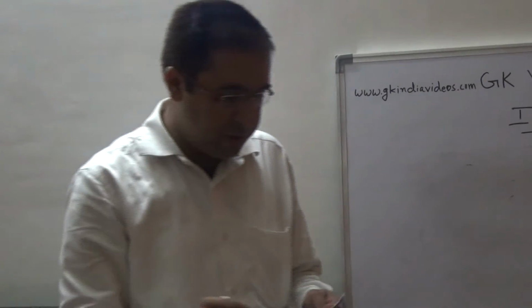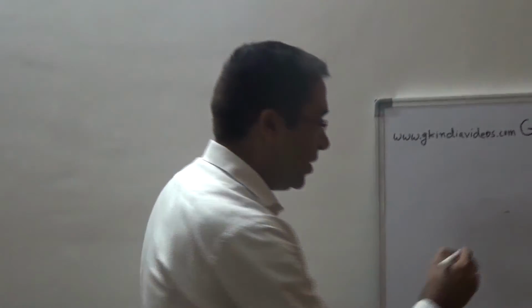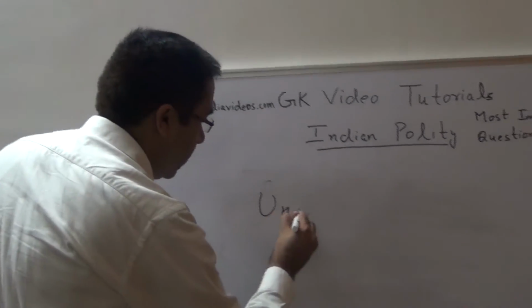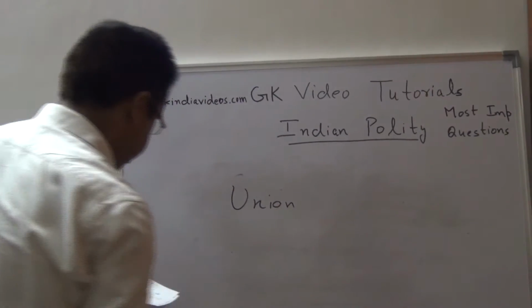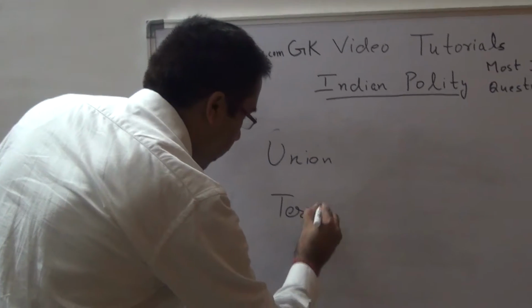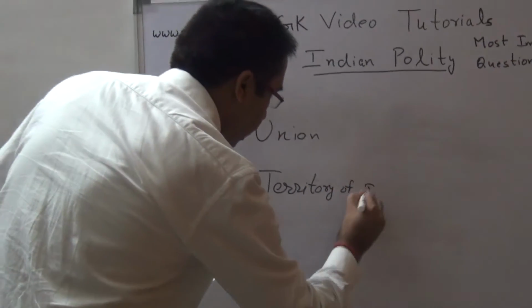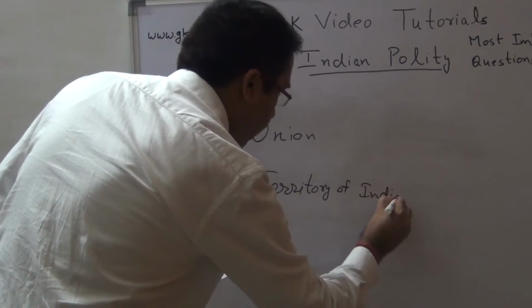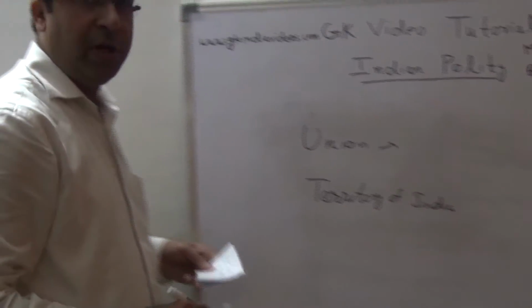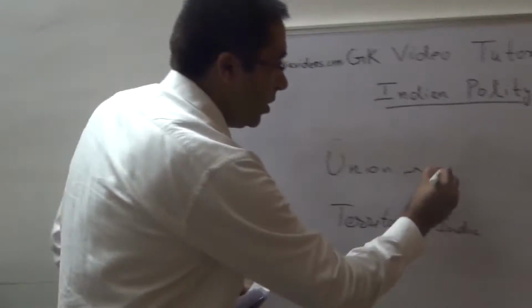Our next question is, now there are two words. First is union and second is territory of India. Union means it includes only the states of India.